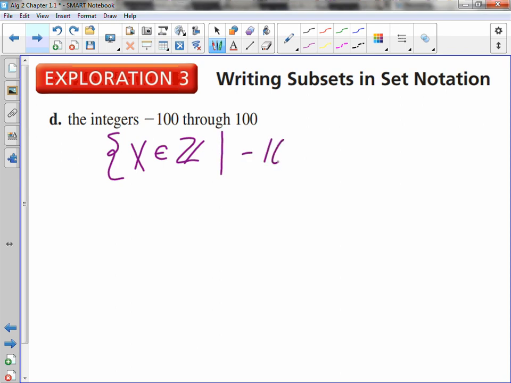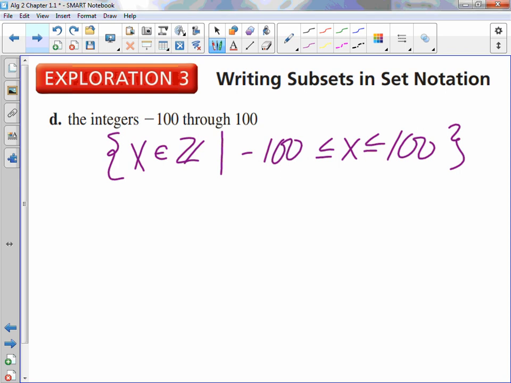Such that negative 100 is less than or equal to x is less than or equal to 100. So the first part defines our set because we're talking about integers. So we're saying x is an element of the integers. The values of x are integers. And it's from negative 100 to 100. And that's it. Questions on this here? We good with this here?